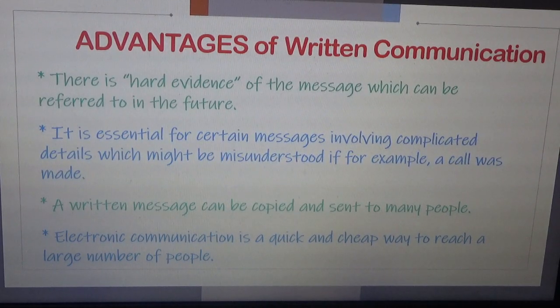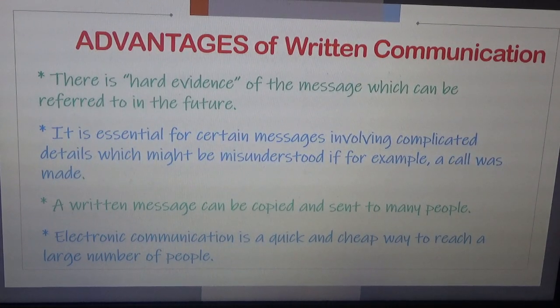The second point is that it is essential for certain messages involving complicated details which might not be understood if, for example, a telephone call was made. Also, the law in many countries requires certain safety messages to be written and displayed in offices and factories. It is not sufficient to tell people about safety measures as they could be forgotten.